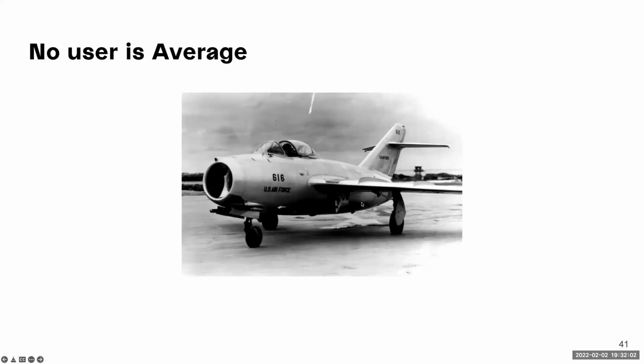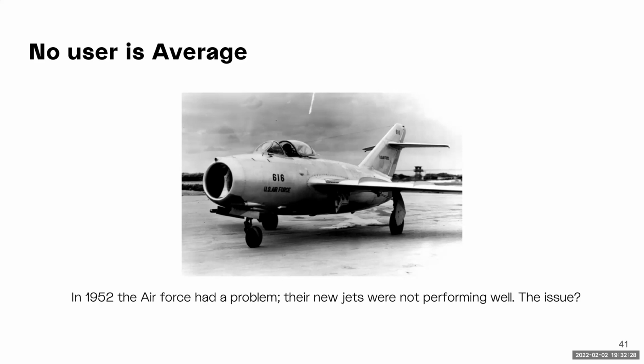When we talk about inclusive, this is a really important one. In 1952, the Air Force in America had a problem with an airplane. This airplane cost them millions of dollars just to get it ready, but when they delivered it to the Air Force, it wasn't performing well.